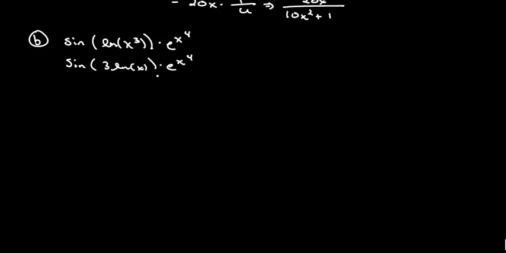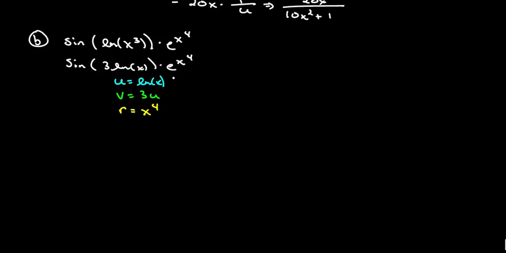Okay, like that. And so now we could let u be equal to the natural log of x, and then we could let v be equal to 3 times u. And then I'm also going to let r be equal to x to the fourth, this guy up here.